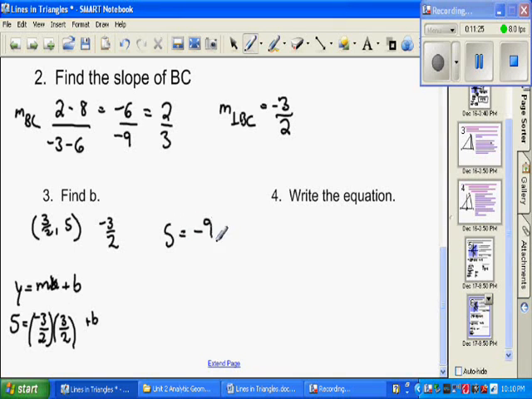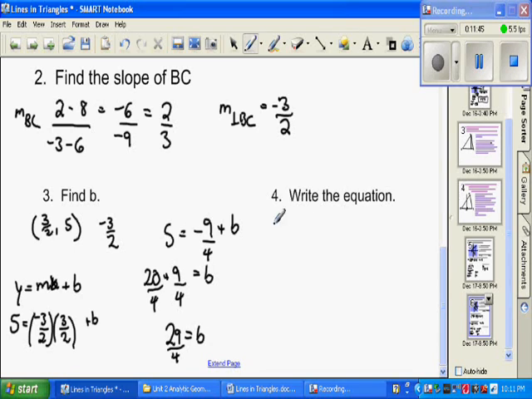So 5 equals negative 9 over 4. Okay, I'm going to move this to the other side, and I want to make common denominator, so it's going to have 20 over 4 plus 9 over 4. So we're going to have 29 over 4 as our y-intercept.